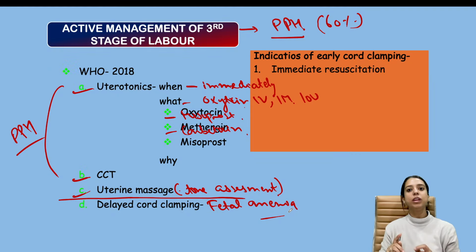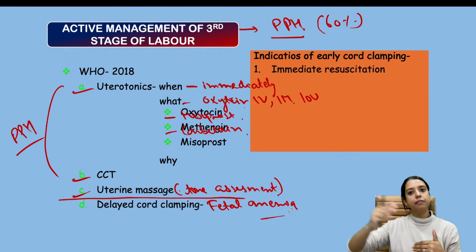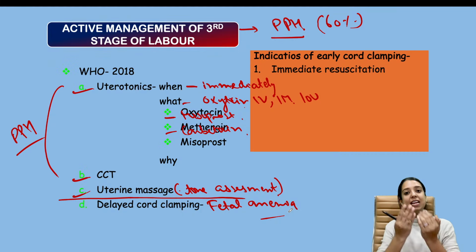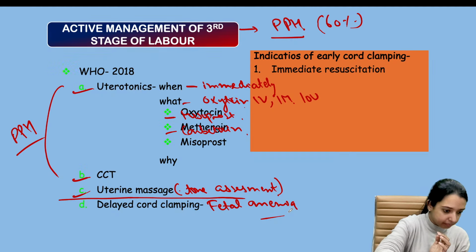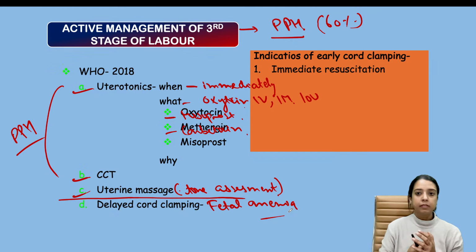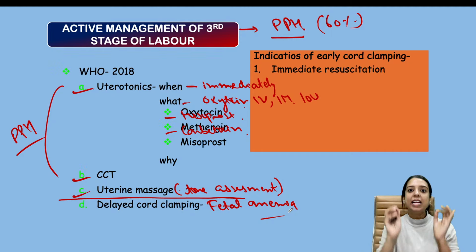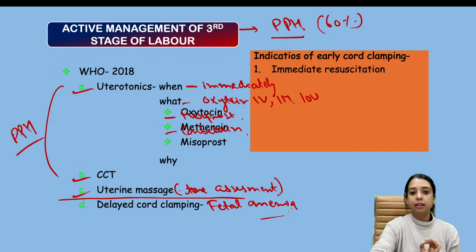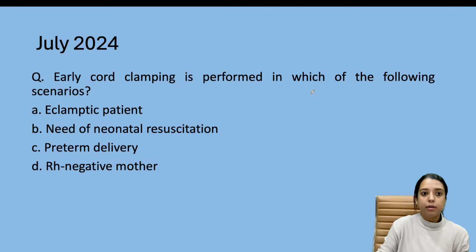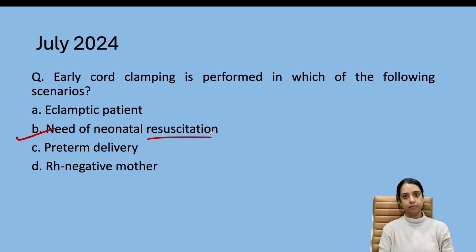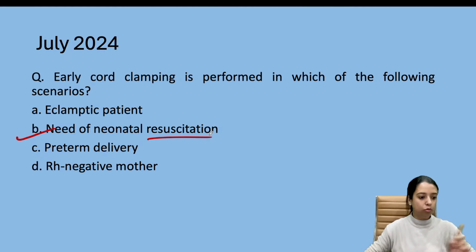Only time you don't do delayed cord clamping, meaning cord clamped after 1 minute, is when the baby needs to be transferred to the NICU, when the baby needs resuscitation. ठीक है? Okay, this is the only indication for early cord clamping. Otherwise, in all of the patients, you do delayed. Early cord clamping is performed in eclampsia, preterm, RH. No, when you need resuscitation. Otherwise, in everyone, we do delayed cord clamping.